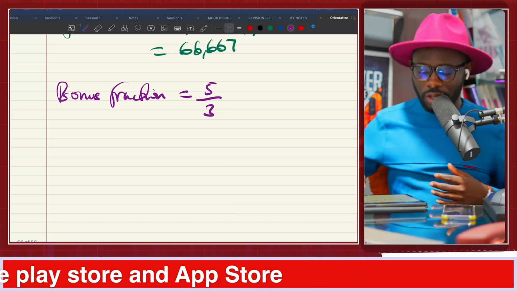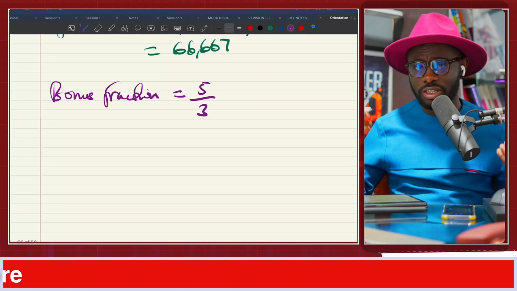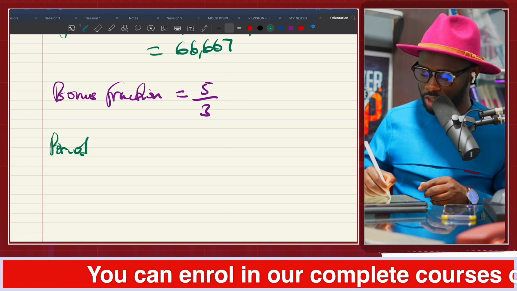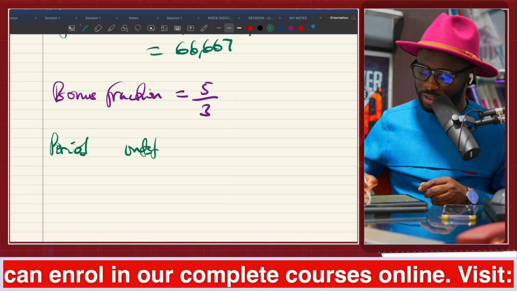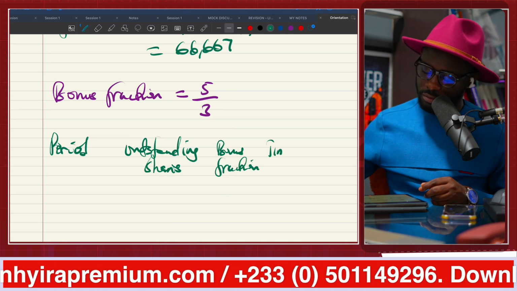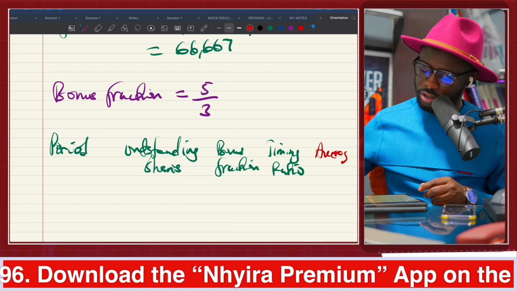So now that we have our bonus fraction, the shares, and the number of periods, we can calculate the weighted average number of equity shares. We bring in the period, the outstanding shares, the bonus fraction, and the timing ratio. Then we get the average coming up. Sounds good?